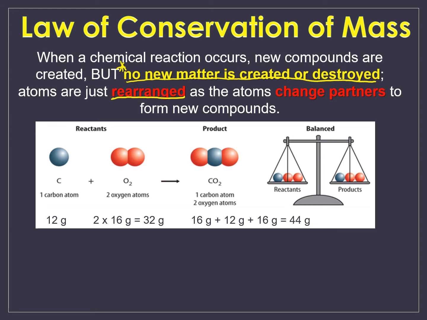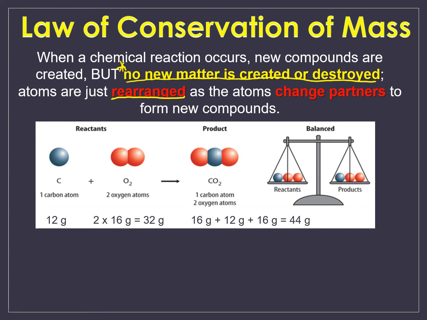In this visual here, I see that there's 1 carbon atom on the reactant side and 2 oxygen atoms, or 1 oxygen molecule. And on the product side, I see that I have carbon dioxide, which is made up of 1 carbon atom and 2 oxygen atoms.